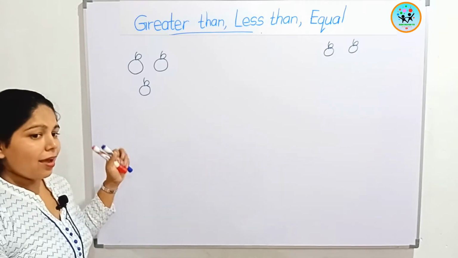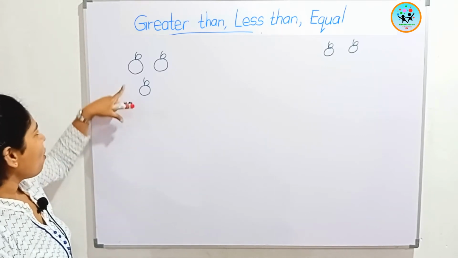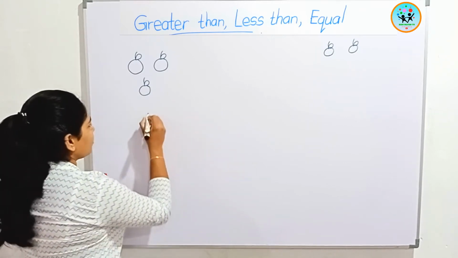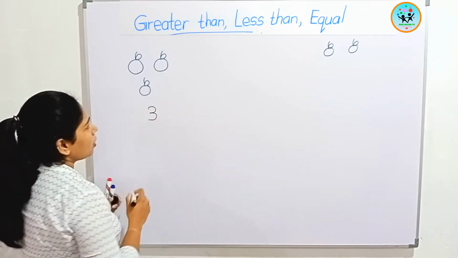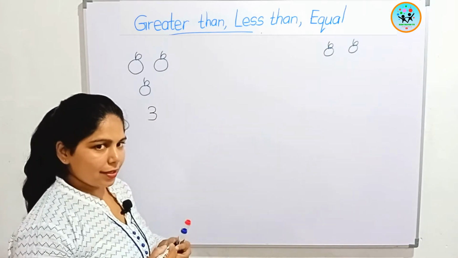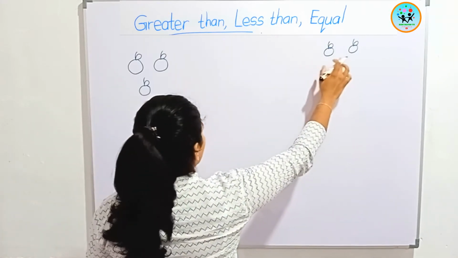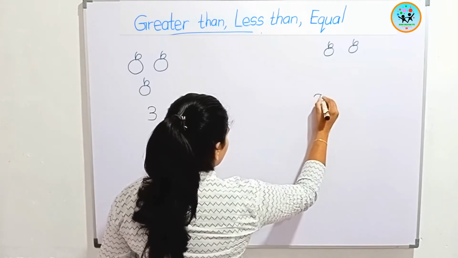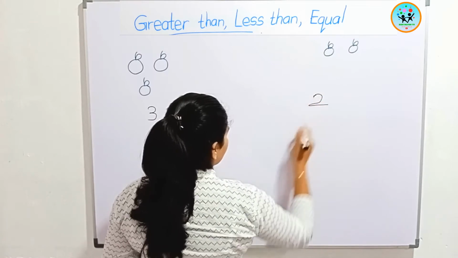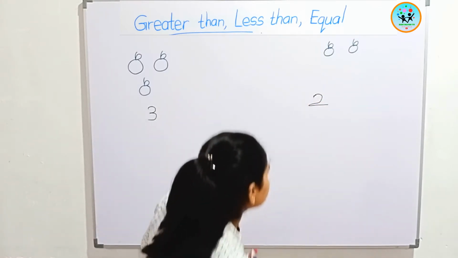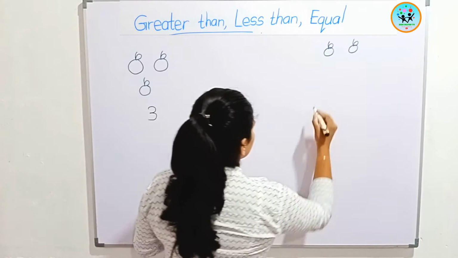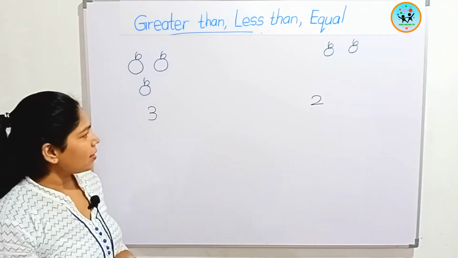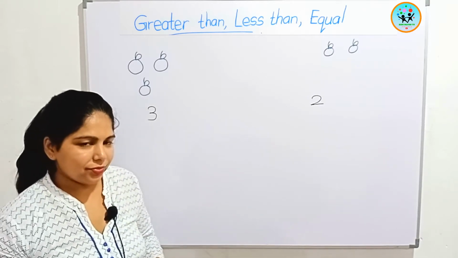Can you count how many oranges are here? 1, 2, 3. 3 oranges are here. On the right side, how many oranges are here? 1, 2. 2 oranges are here. Then I am going to ask a question.